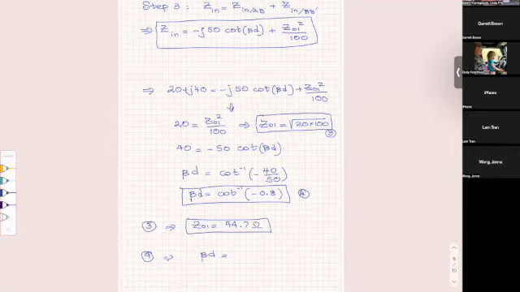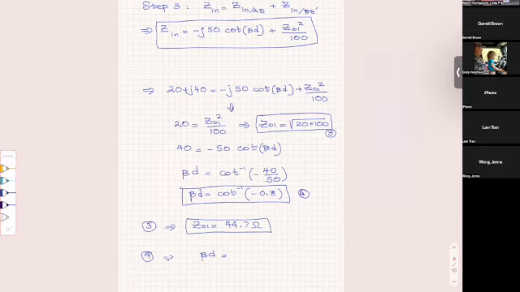Let's try to do this again, in degrees, from the beginning. 0.8 inverse tangent. No, wrong.